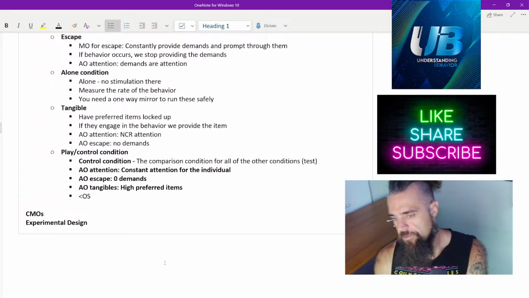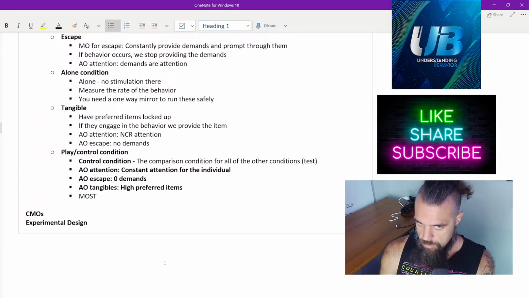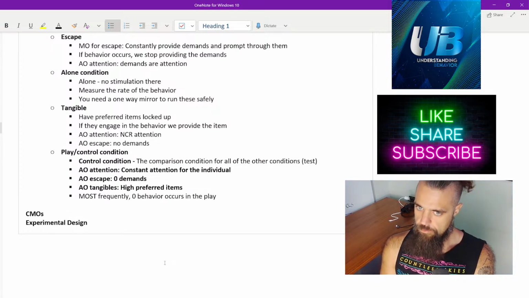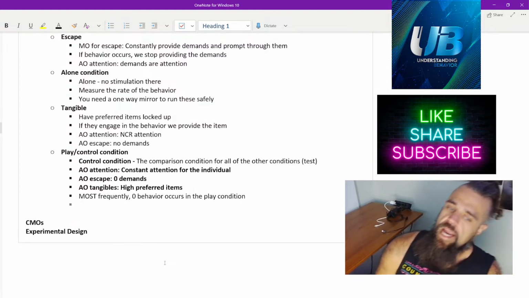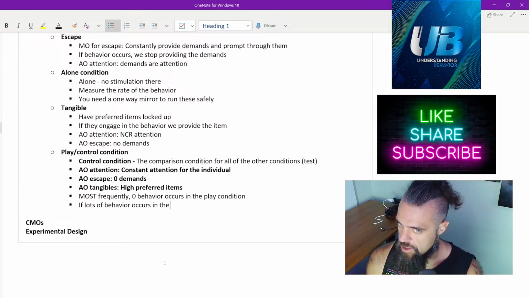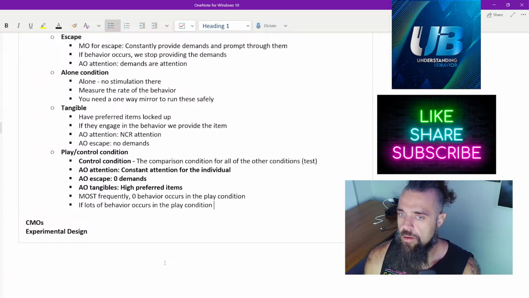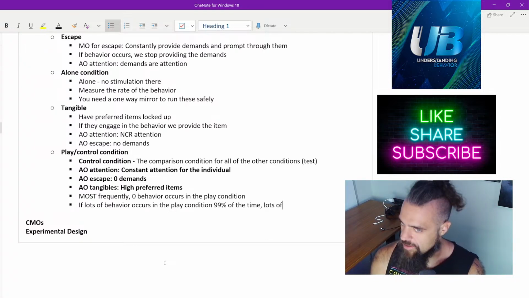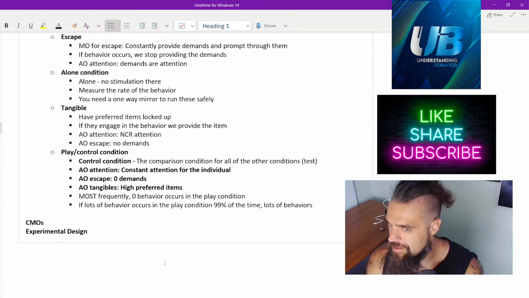So most frequently, zero behavior occurs in the play condition. And often, if lots of behavior occurs in the play condition, 99% of the time, lots of behavior occurs in all of the conditions.